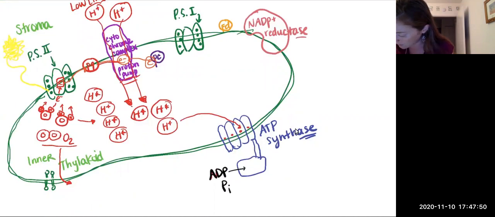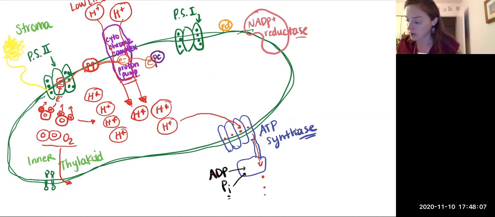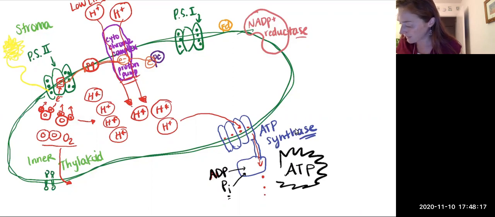So those two go in, and you'll see this I for inorganic because it's not connected to any carbon-containing molecules. It's just a plain old phosphate. And so as these protons fall down this concentration gradient and come out, they provide the energy to turn this rotor and connect the ADP to the P to make ATP. So, woo, here we go. We've got real power energy here.